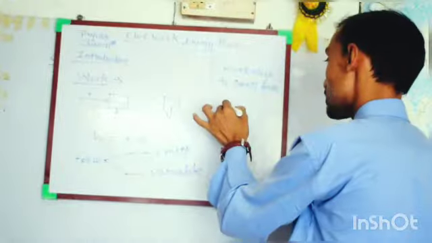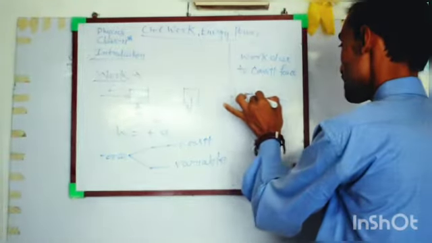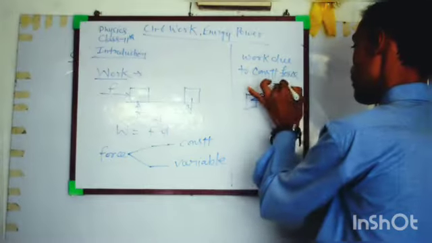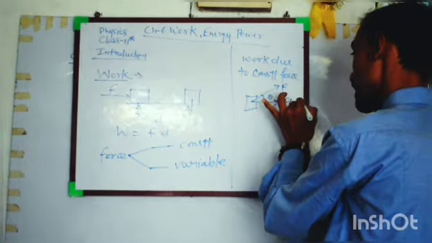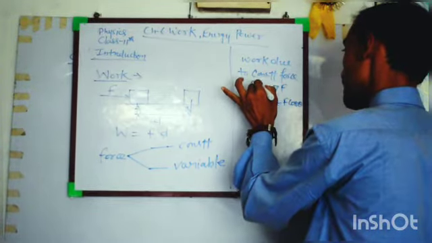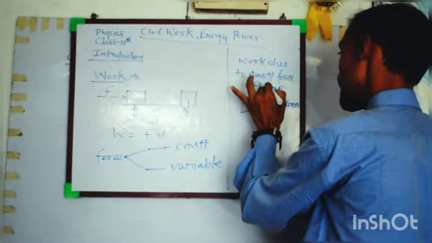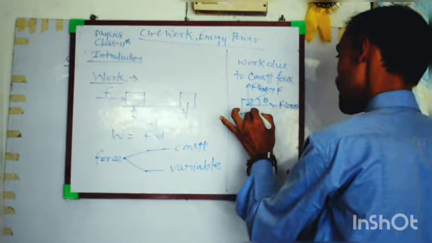There is a force acting on the body. Let's suppose it is acting at angle theta. So the components will be F cos theta and F sin theta, and the object is moving in this direction.